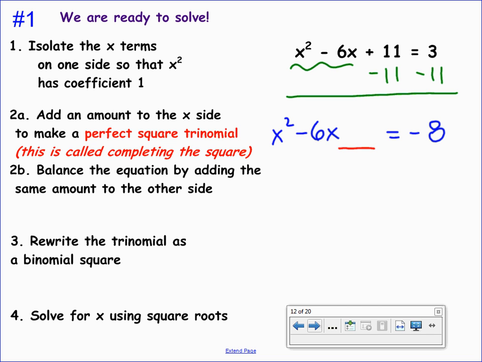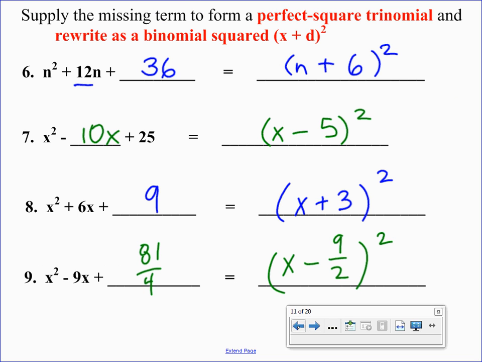I'm going to figure out what completes the square. I'm going to do what we did on the last slide. I know the relationship between that middle term in the trinomial is exactly double whatever that quantity in my original binomial is. And so if I wanted to figure out what I'm going to add to both sides, I simply need to take half of that middle term and then square it to see what will complete the square.